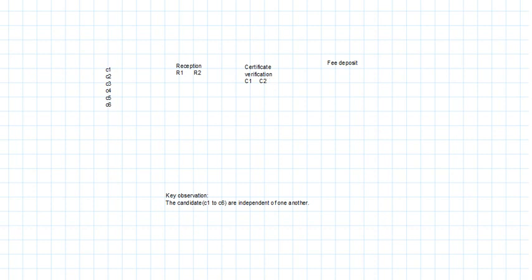At the fee deposit desk, we employ 2 persons, F1 and F2. Now this R1, R2, C1, C2 and F1, F2 will act as different functional units. Although R1 and R2 will perform the same category of task, their tasks will not overlap with one another. Why? Because the instructions or candidates we are going to supply them are independent of one another.